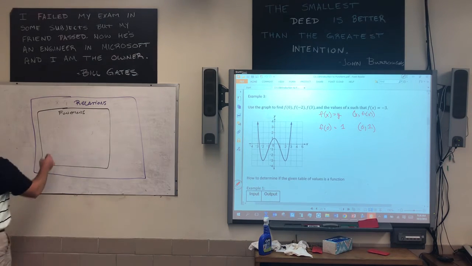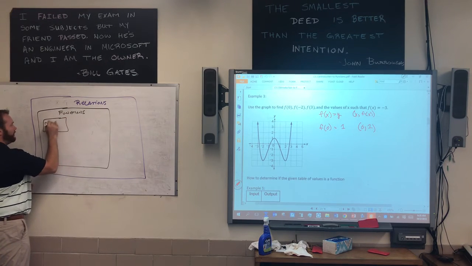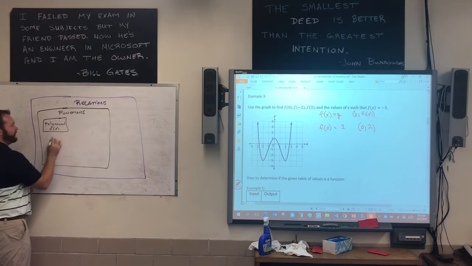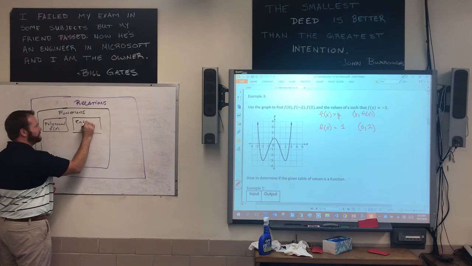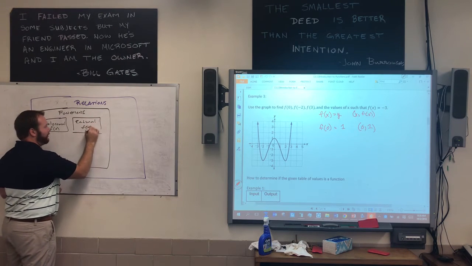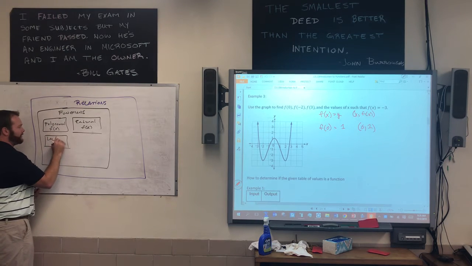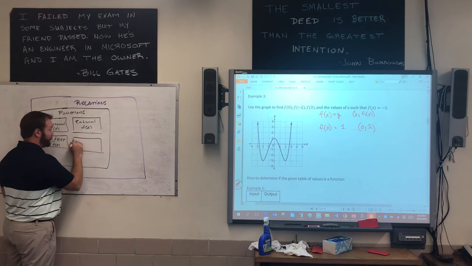Inside this subcategory, we're going to have things like polynomial. I'll just write f of x for functions. We will have rational. We will have maybe logarithmic and exponential. We'll have trigonometric.